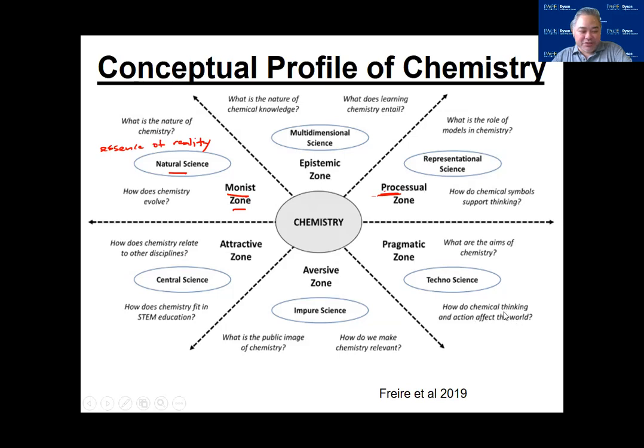So if we're going to look at this zone in terms of the mode of thinking, we could say chemistry is related to what? Practical, operational, and technological situations. So chemistry here is seen as a technoscience. Here, in the dual nature of chemistry, we could say it's a technology.